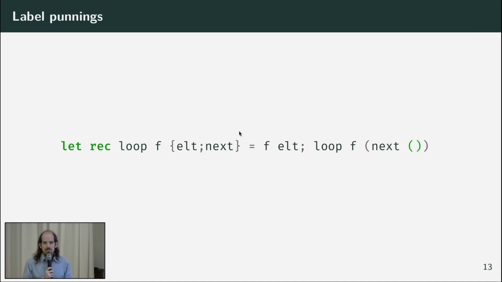Label punning is one of these very small features that, if you look at the language definition, you say, that's so nice, but is that very useful? And then when you start to use the language, you realize that it's one of the most important features of the language, because it rewards the lazy programmer that uses the same name everywhere in the code base.